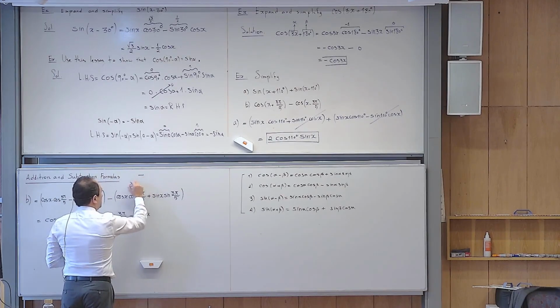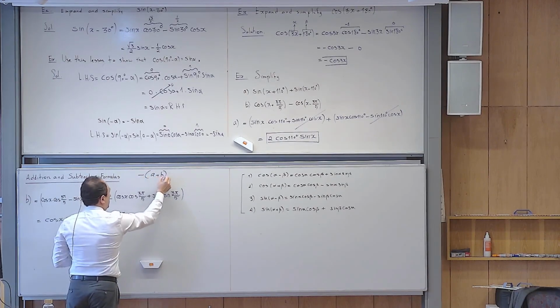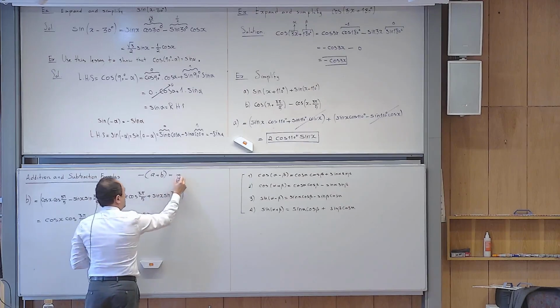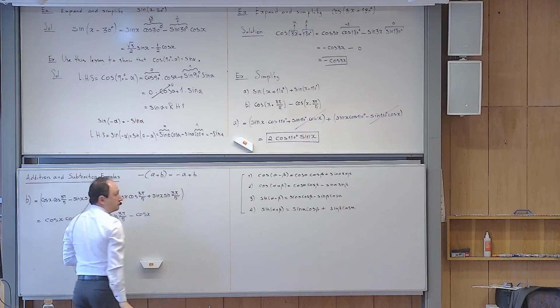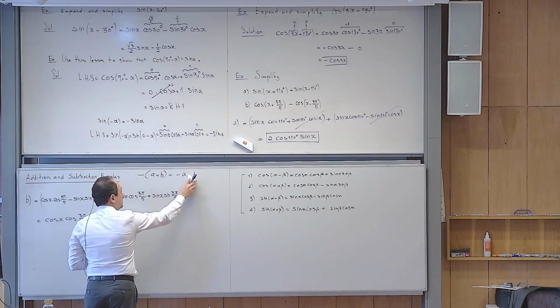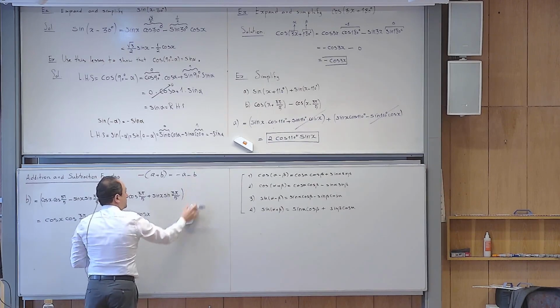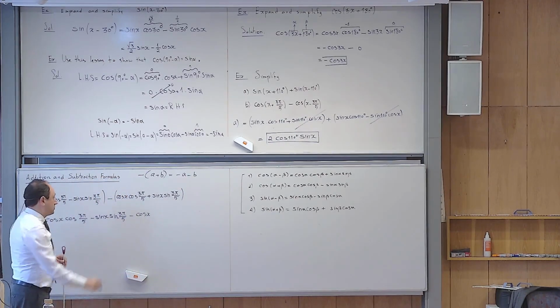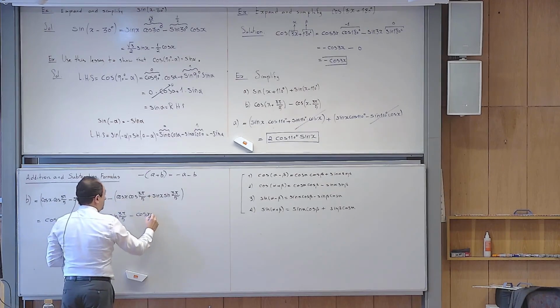Why is that? Because minus (a plus b), if I ask you to open up the pair of brackets, if you write it like this, that is wrong. The correct one is this. Yes? Okay, so that's the same story here. So this goes there.